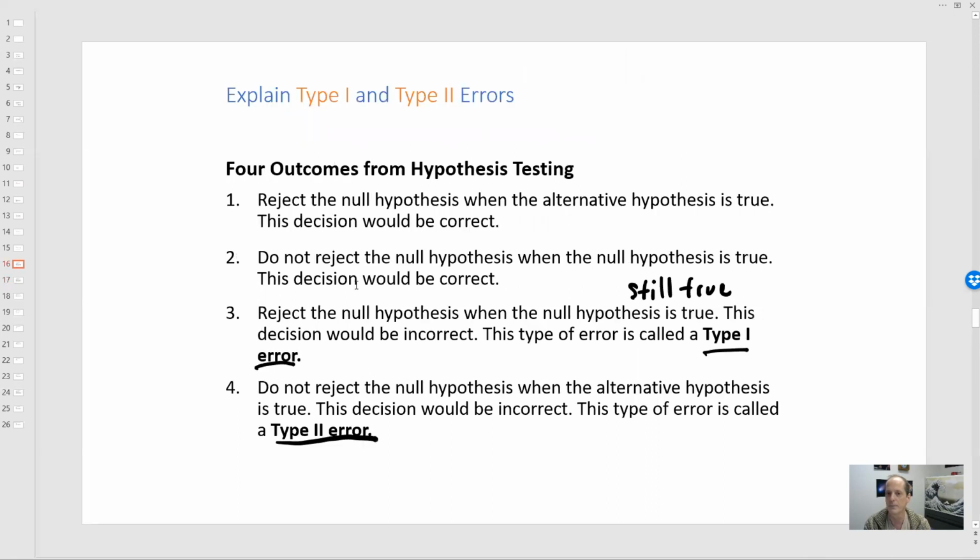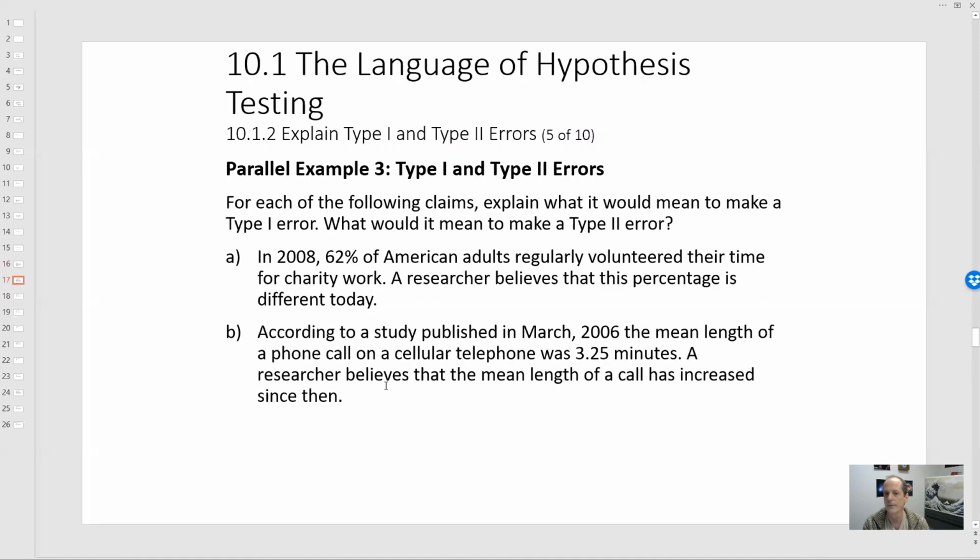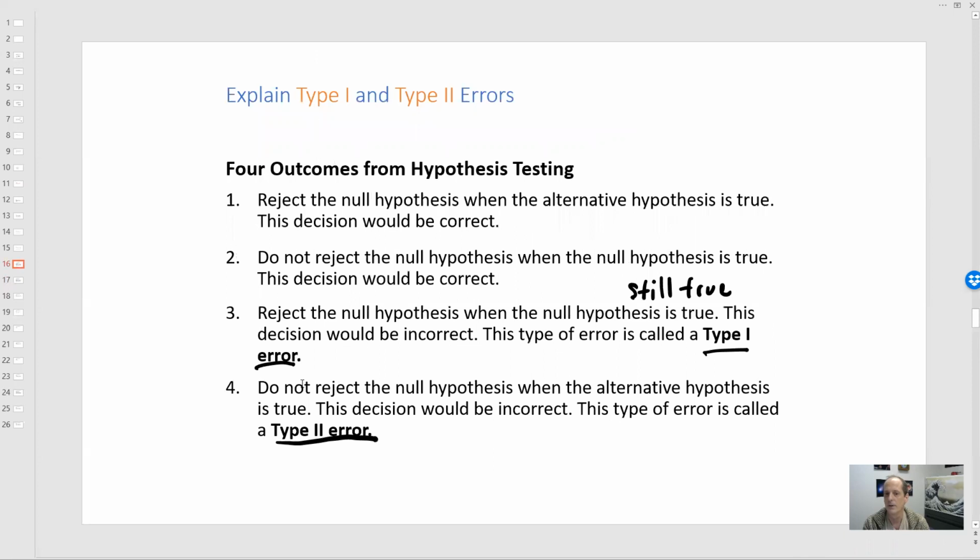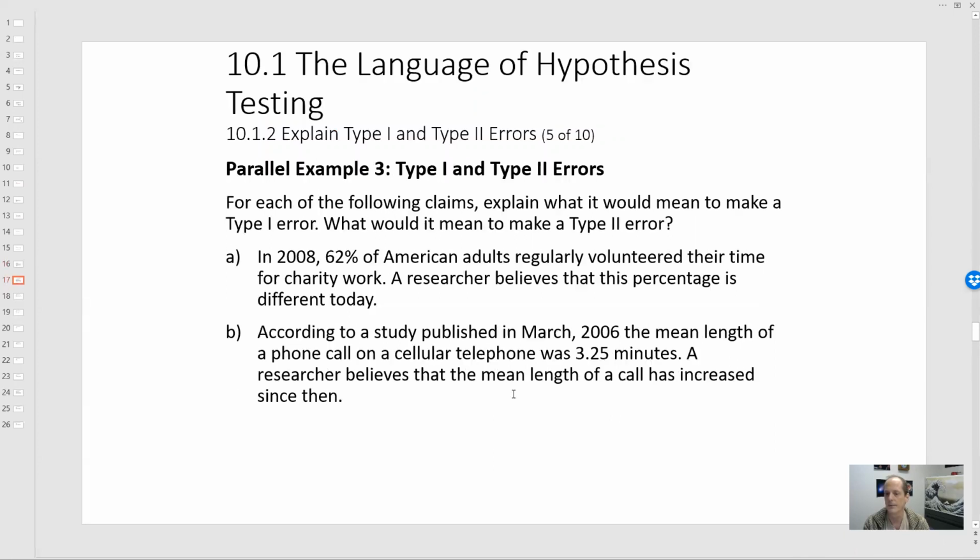So type 1 is we rejected the null hypothesis, but it's actually still true. For the type 2 error in this scenario, we do not reject the null hypothesis: our data tells us that there's not enough evidence to conclude that it's changed from 62%, but in actuality, it has changed. That would be the type 2 error.